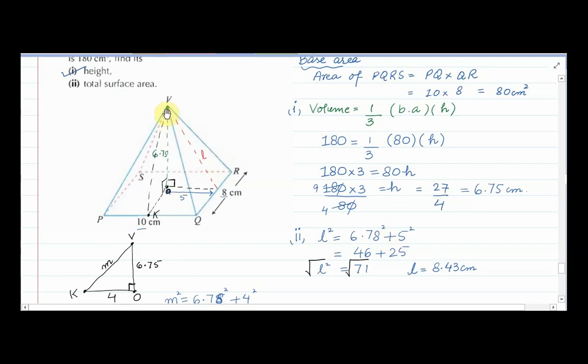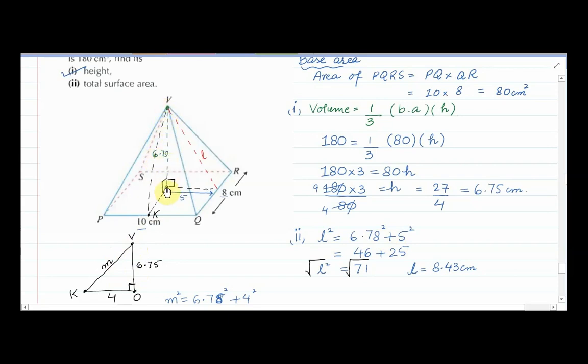Similarly, I need to find out the slant value at the front triangle. I again draw the right angle triangle. It's difficult to understand the figure, that's why I plot it in 2D separately. The topmost point is V, you can see that.